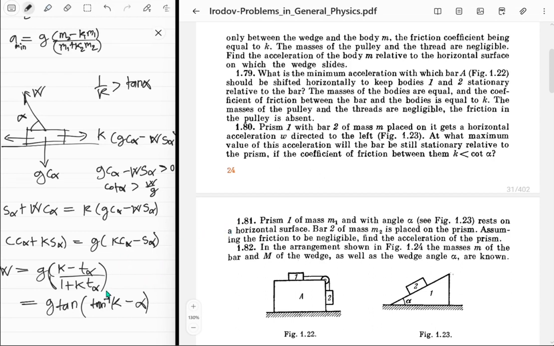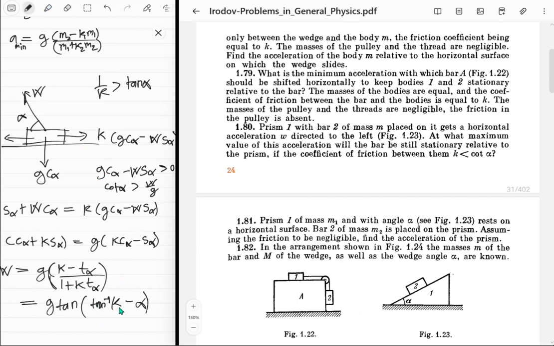So k is positive. Tan inverse of k is in the first quadrant. Tan is an increasing function in the first quadrant. So as tan inverse of k increases, this complete thing also increases, because tan inverse of k minus alpha is, sorry, this argument is in fact not in the first quadrant. It's in negative pi by 2 to pi by 2, and it's still increasing. In that region, tan is increasing.